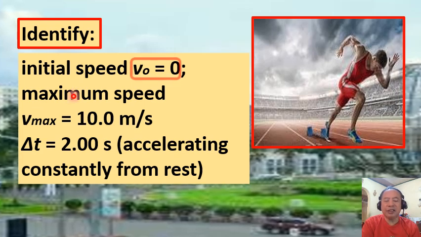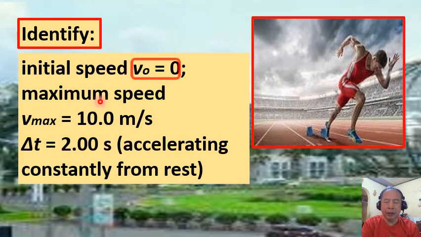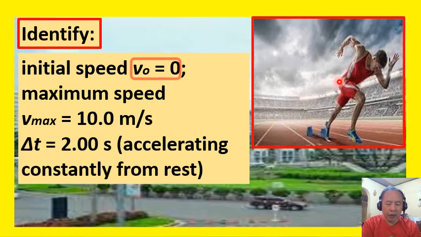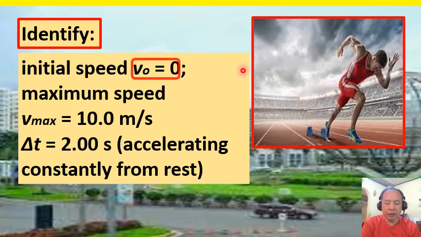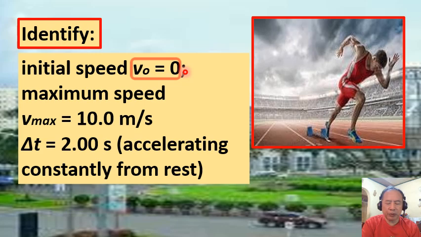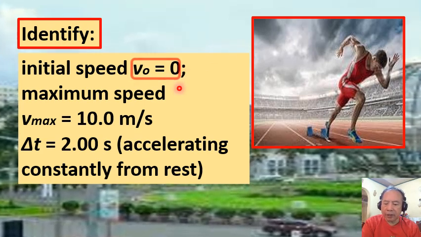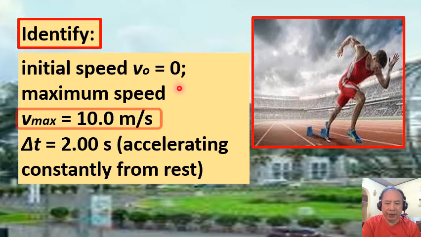In a short distance race, like a 100-meter dash, a typical male sprinter, starting from rest, can attain his maximum speed of 10.0 meters per second.